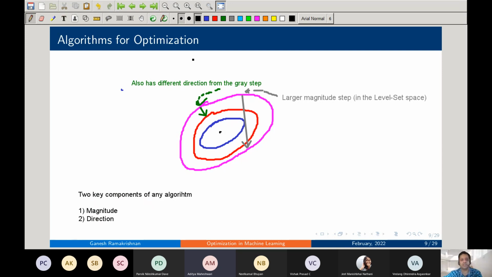So to show convergence of any algorithm, we would make use of how fast the function changes, right? That's Lipschitz continuity. To analyze convergence modulo magnitude and direction, we would like to assess, for example, how fast the function changes. That's Lipschitz continuity.